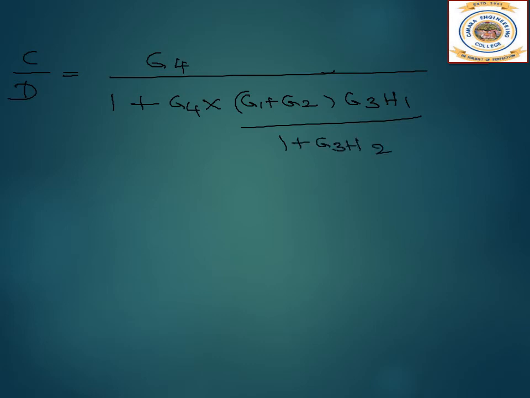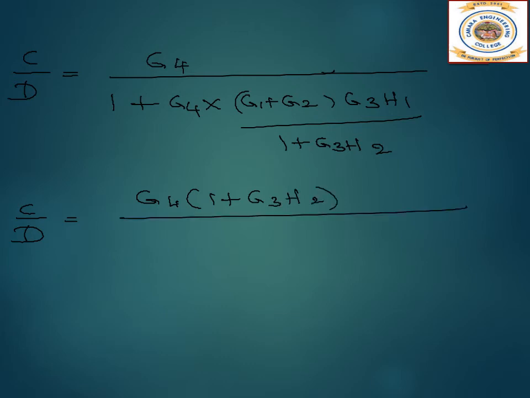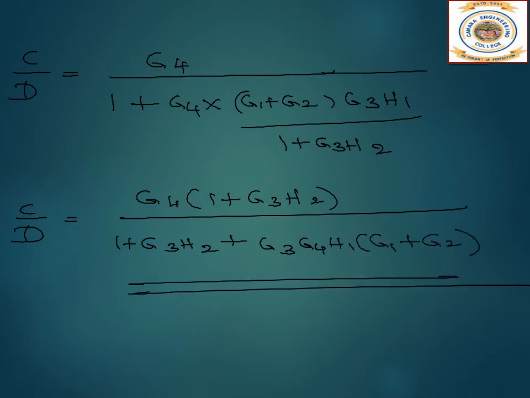Now taking common denominator, finally we get C by D is equal to G4 into 1 plus G3 H2, whole divided by 1 plus G3 H2 plus G3 G4 H1 into G1 plus G2. So this is your final answer for the simplification of this problem, the transfer function.